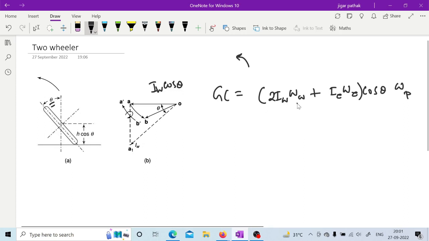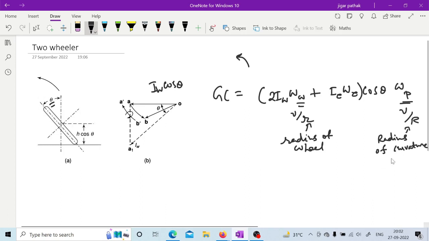So here again omega w and omega p, as we have discussed, will be v by r and v by capital R, where v is the linear velocity of the vehicle, r is the radius of the wheel, and capital R is the radius of curvature on which the vehicle is taking a turn.